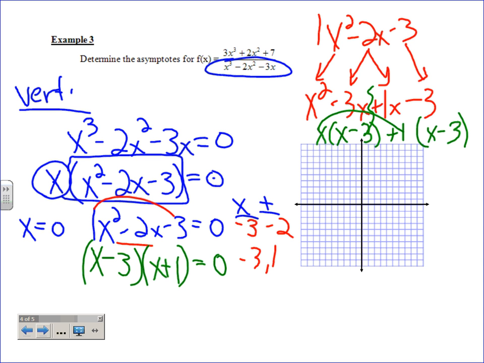So either one of them being 0 gets me to my goal. Okay, this only works for 0, by the way. So what's going to make this one say 0? x is 3. What's going to make that one say 0? x is negative 1. Now, good thing that this question is only asking you to determine the asymptotes, because this thing has 3 vertical asymptotes. Lovely.